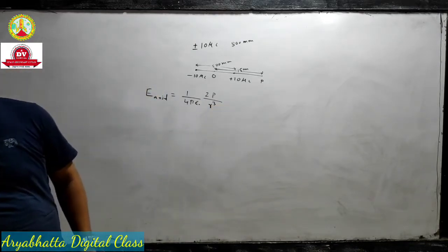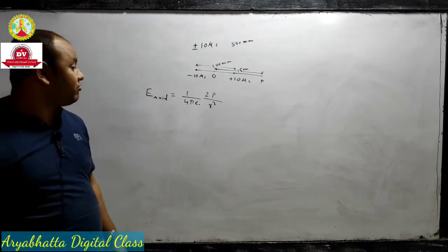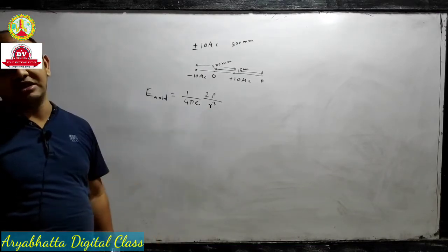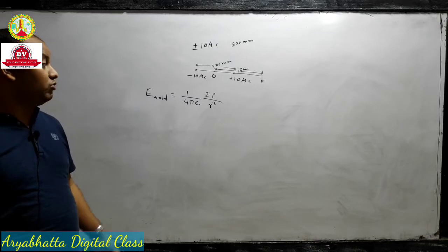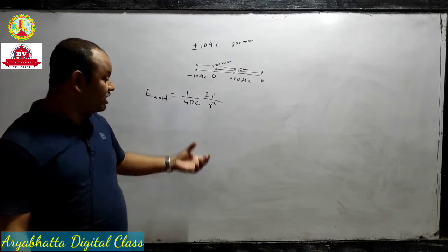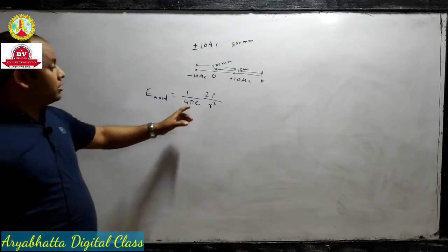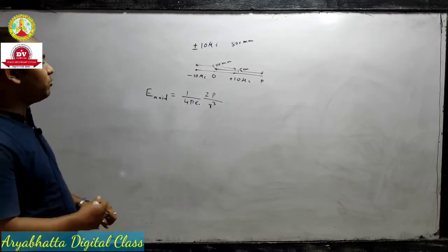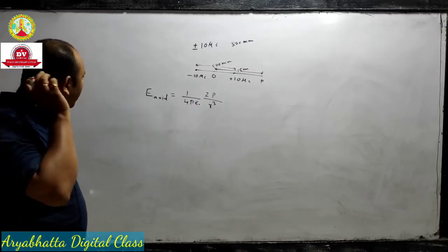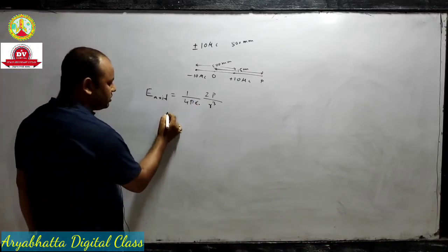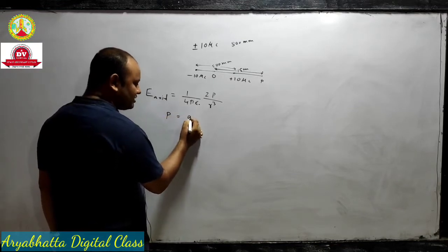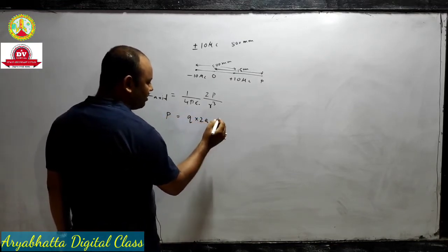So this is the electric field at any point on the axis of the dipole. Okay, so here P is the dipole moment. P means it is the product of either charge and the separation between them.